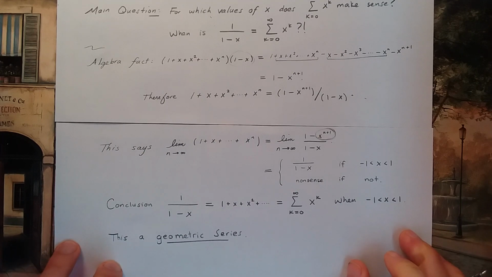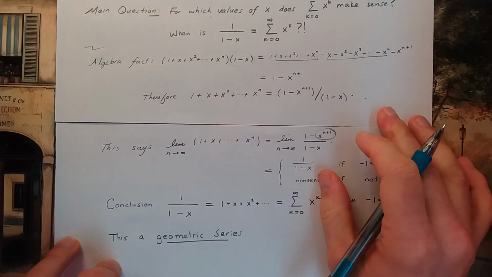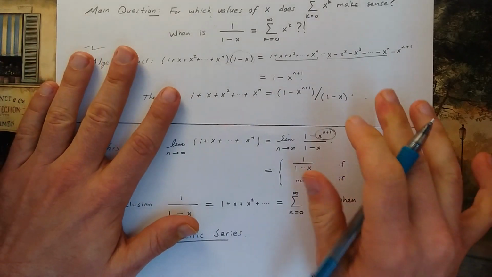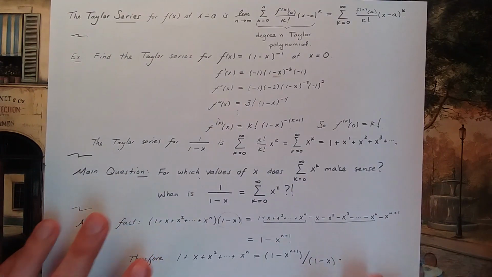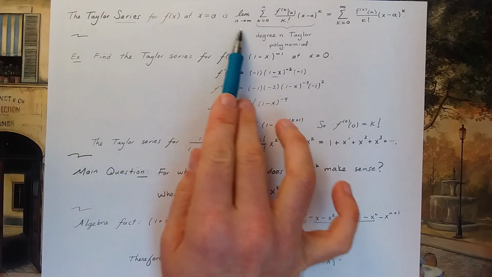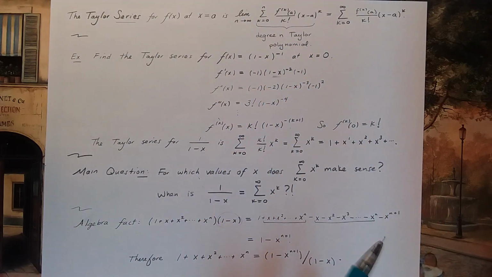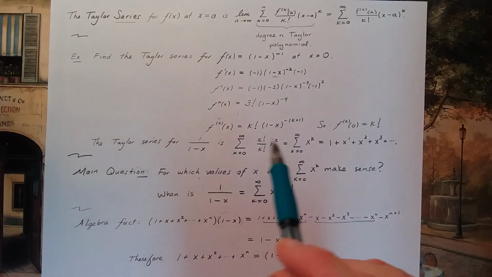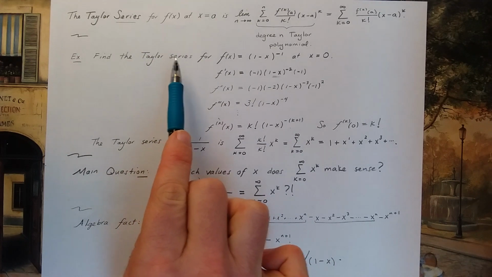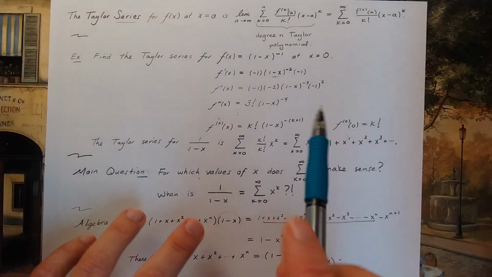Okay, so in this video, I did two main things. The first thing is I defined Taylor's series. So let me go back and show you what the Taylor series was. The Taylor series is the limit as n goes to infinity of your Taylor polynomial. That's the main definition. And then we did an example. We found the Taylor series for the function 1 over 1 minus x.